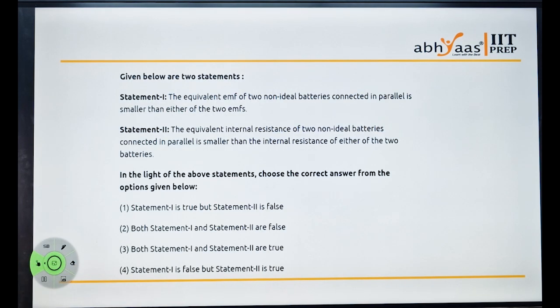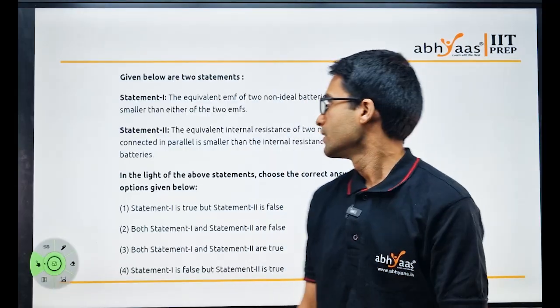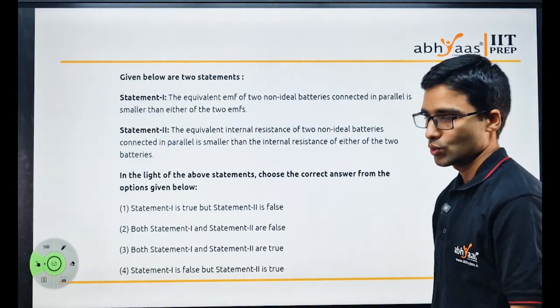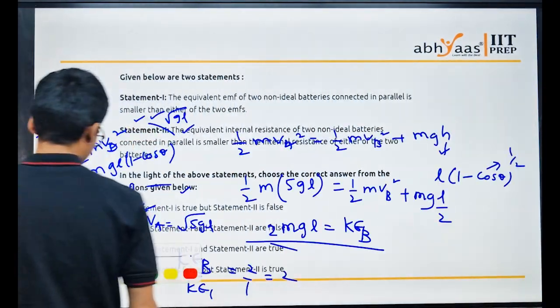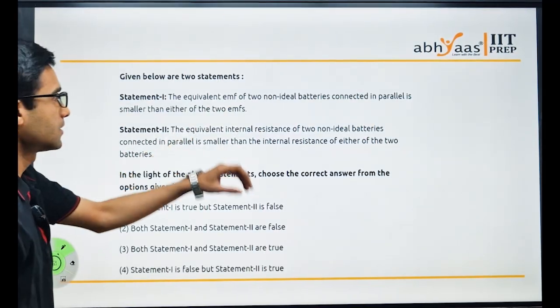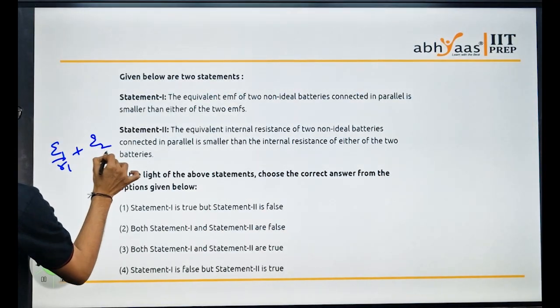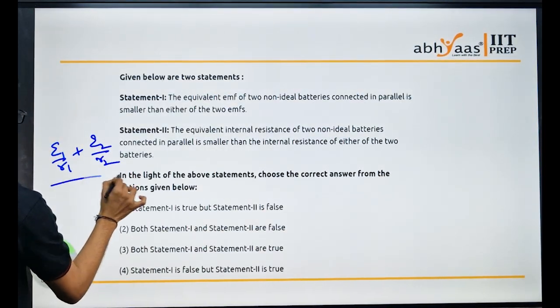Okay, now if you see this one, the statement says the equivalent EMF of two non-ideal batteries connected in parallel is smaller than either of the two EMFs. So what he is asking is the equivalent internal resistance. So you know the equivalent internal resistance for two batteries, E1 by R1 by this one.